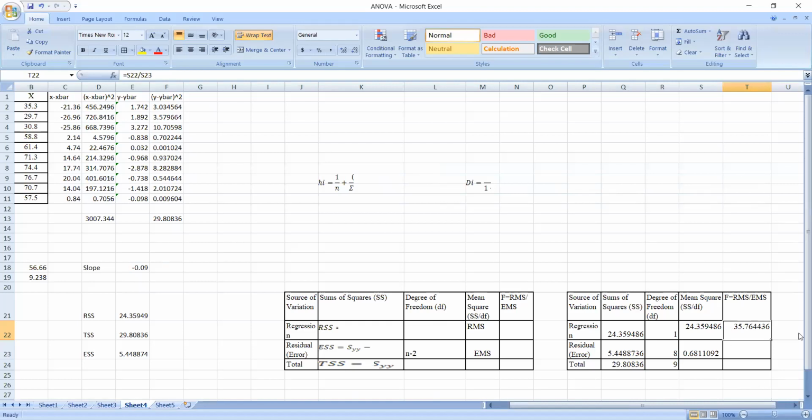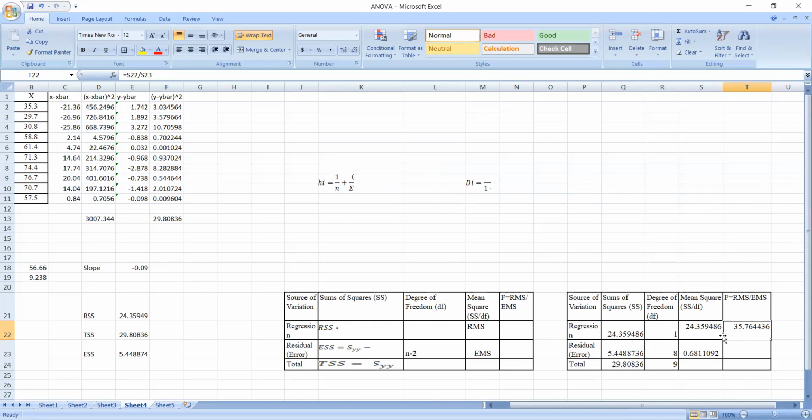So this is how we construct our Anova table. For this given data set, this is our Anova table. By looking at this F statistic, we can come up with the conclusion whether our model is significant or not. Our model is significant if the calculated F value is larger than the table F value.